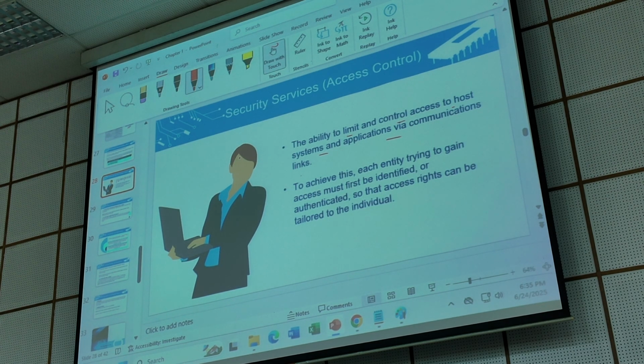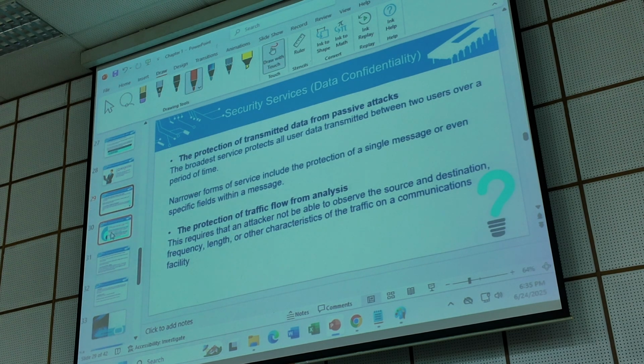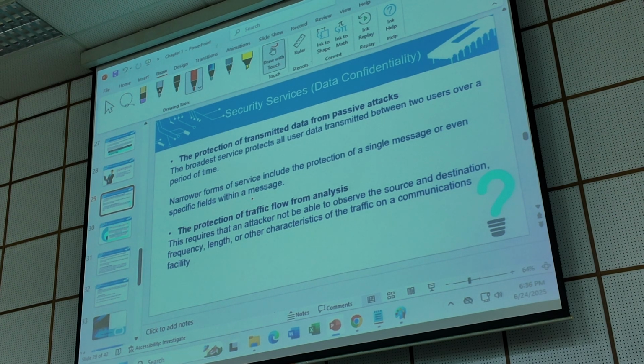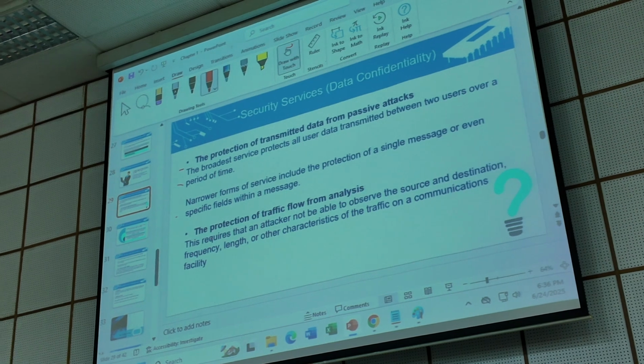This is access control: who is able to access it, who is not allowed to access the system. Data confidentiality is the protection of the transmitted data from passive attack. So when the data is sent out through the internet, how do you protect the data? All this is under data confidentiality. All this is definition, so it's the same as what I explained just now.